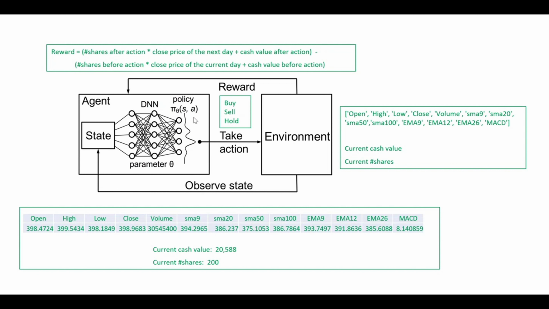And the action with higher Q value may have better opportunity to be taken on this environment. Once that action is taken on this environment, it brings a direct reward, R1, and it also causes the environment to shift from state S1 to a new state S2. So basically, that's one interaction.